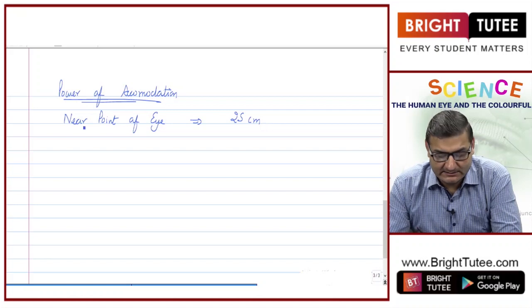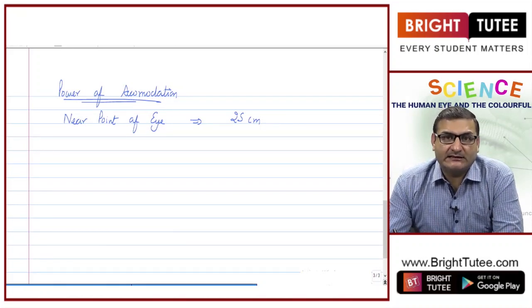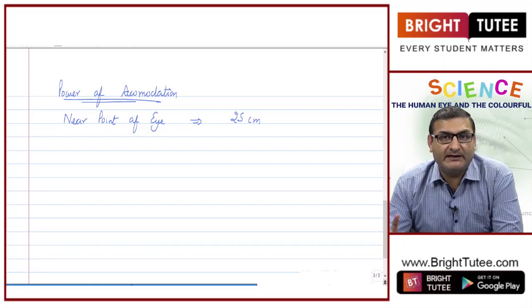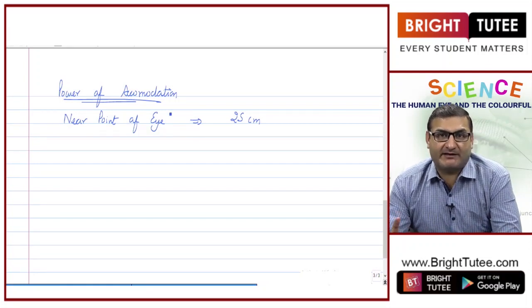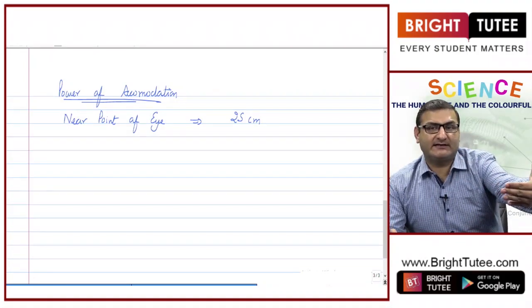What is this near point? The near point means the least distance at which our human eye can see anything comfortably without any strain.